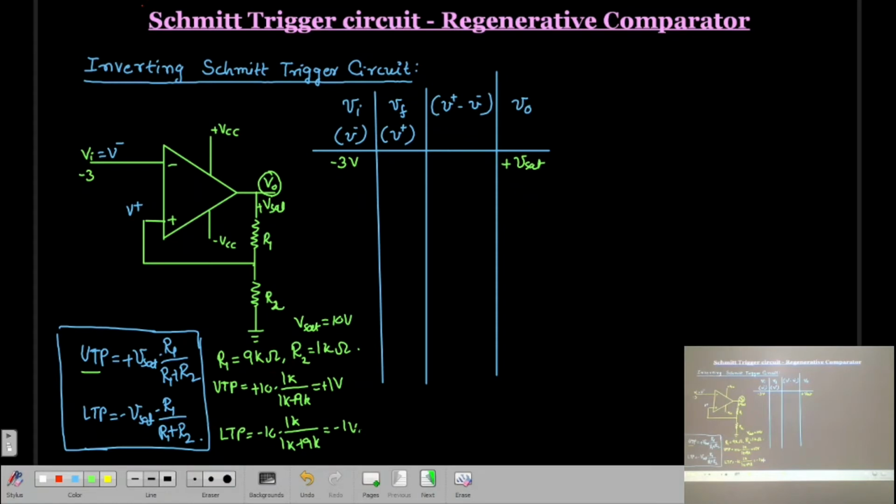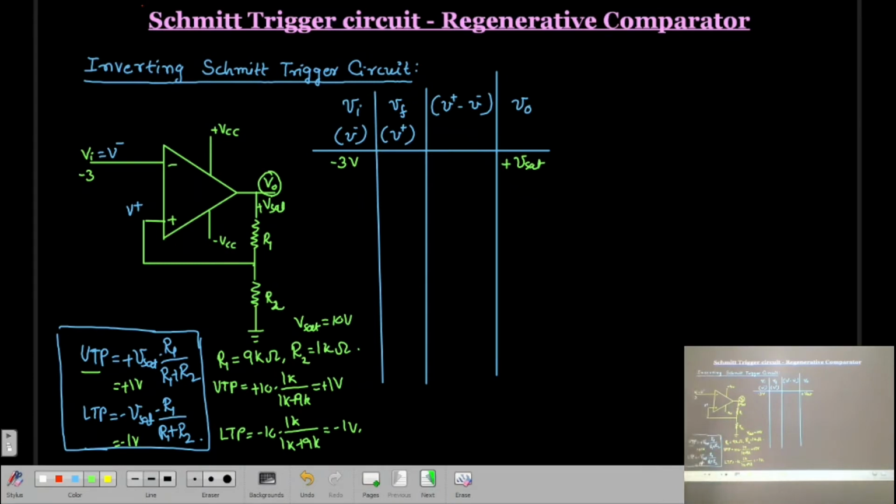So my UTP is plus 1 volt and the LTP is minus 1 volt, meaning the circuit will be triggered whenever the input voltage crosses plus 1 volt and minus 1 volt.